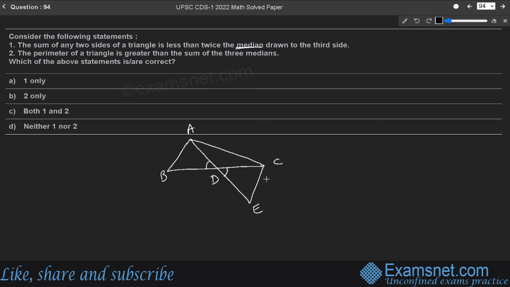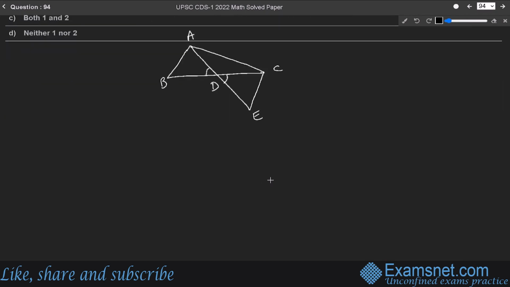Now I hope this diagram is clear to you. In this diagram there are two triangles, which is triangle ADB and triangle EDC. We can see that AD is equal to DE by construction.